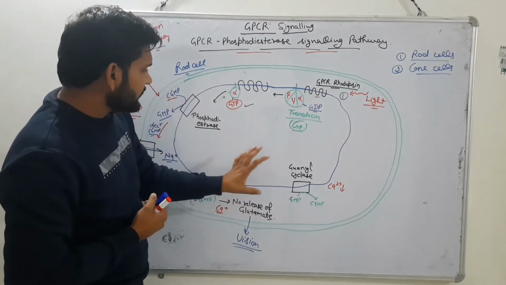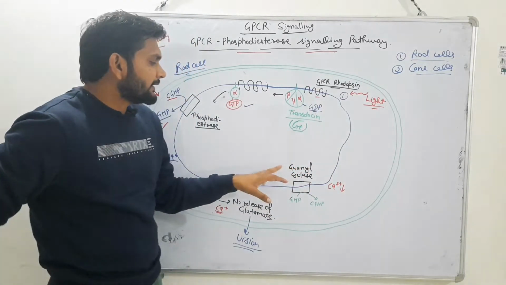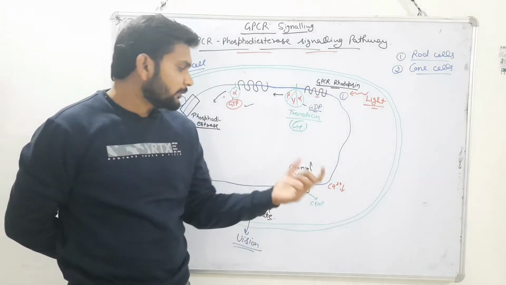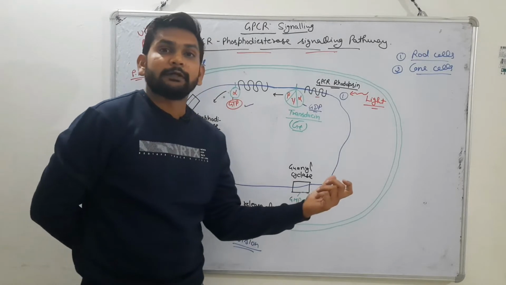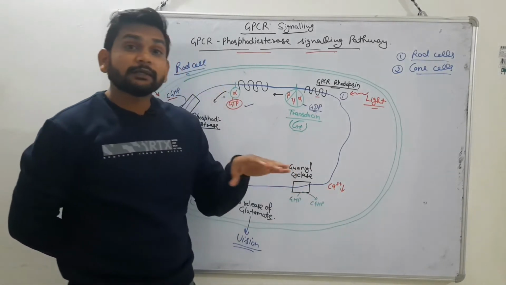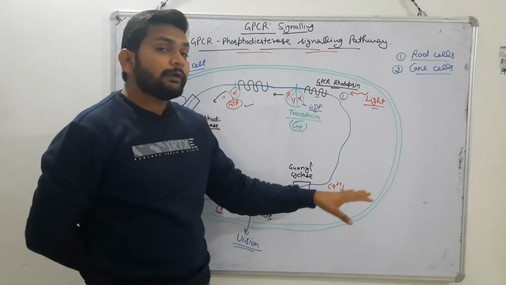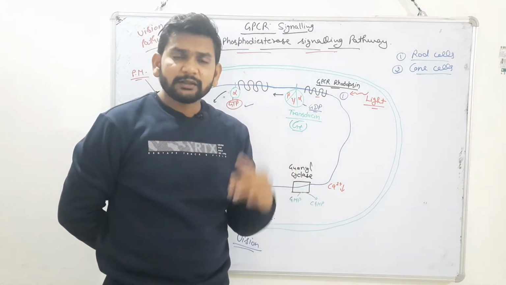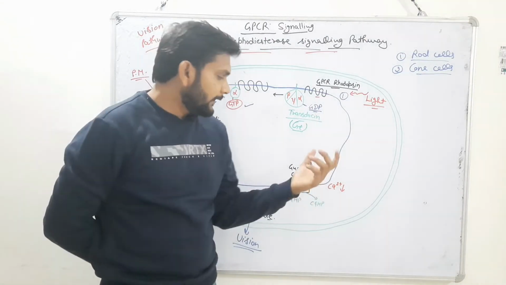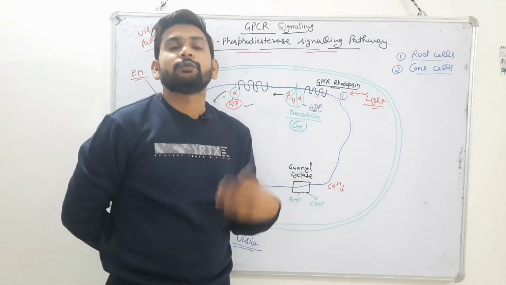Here there is also an enzyme present in the integral membrane protein. What is this enzyme? Guanylyl cyclase. Guanylyl cyclase is responsible for making the cGMP. When the calcium gets decreased, the guanylyl cyclase gets activated and GMP gets converted into cGMP.